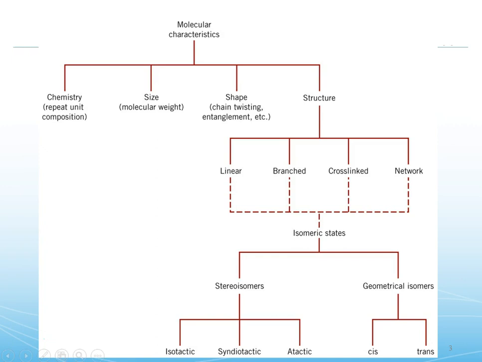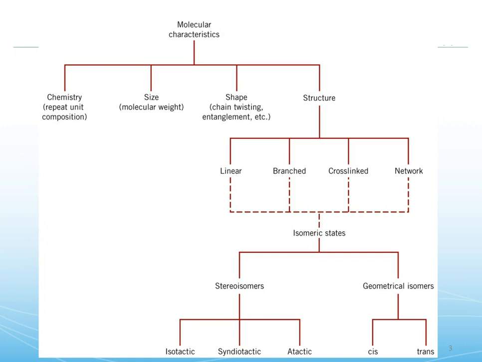So this gives you a little chart just showing all of the different properties of polymers and how they're affected by structure and composition. If we start down at the molecular level, at the repeat unit level, we have on the upper left the chemistry of the repeat unit, and this will change the polymer name.